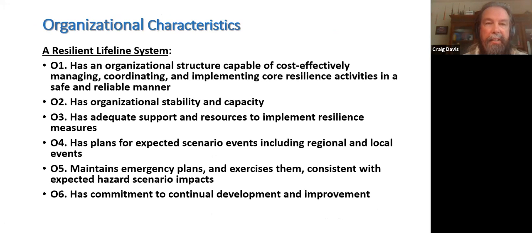So a resilient lifeline system has an organizational structure capable of cost-effectively managing, coordinating, and implementing core resilience activities in a safe and reliable manner, has organizational stability and capacity, has adequate support and resources to implement resilience measures, has plans for expected scenario events, including regional and local events, has or maintains emergency plans and exercises them consistent with the expected hazard scenario impact, has a commitment to continual development and improvement.